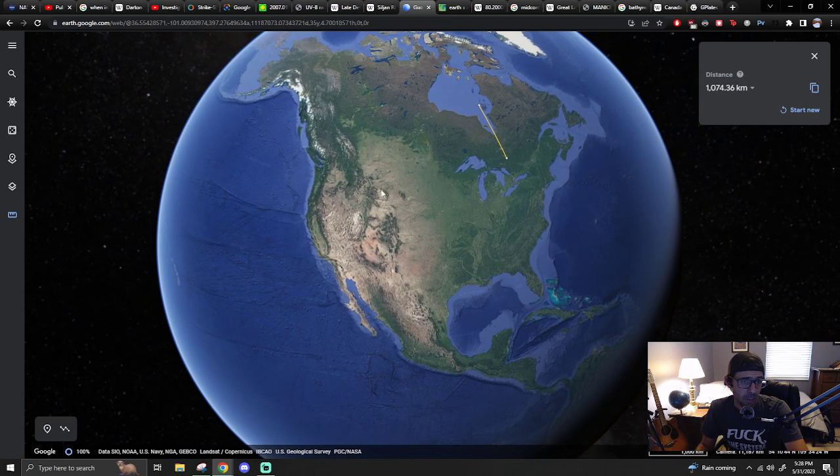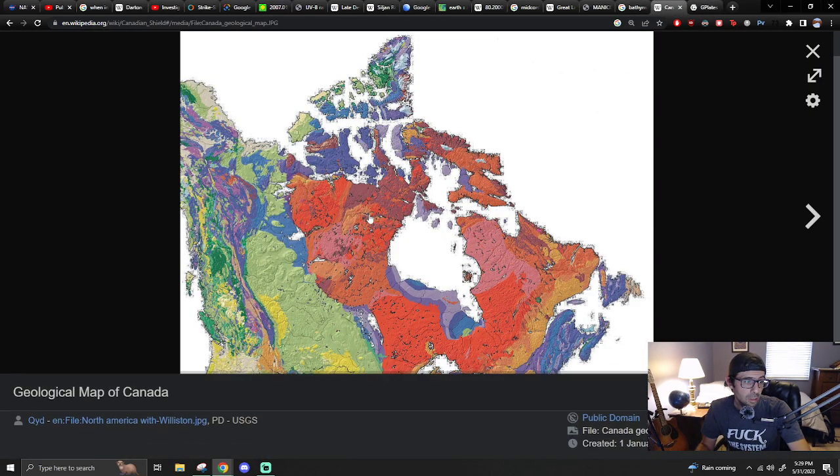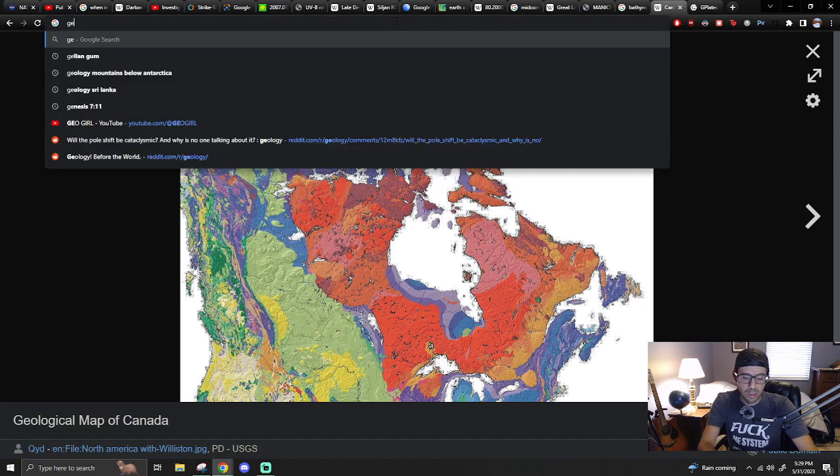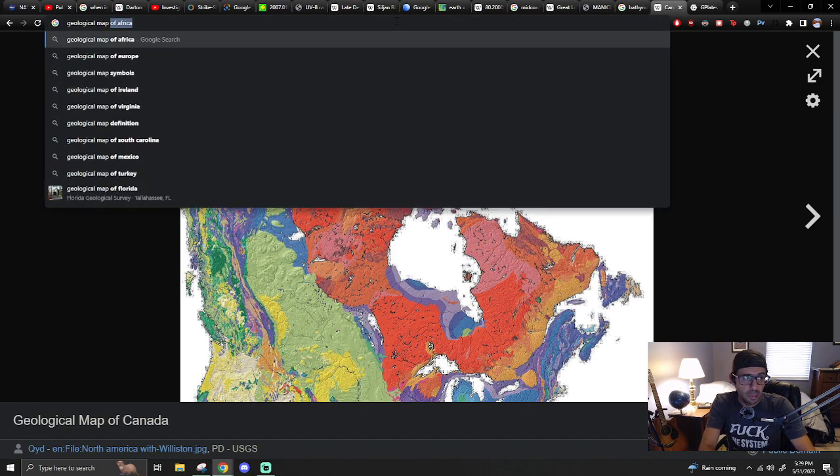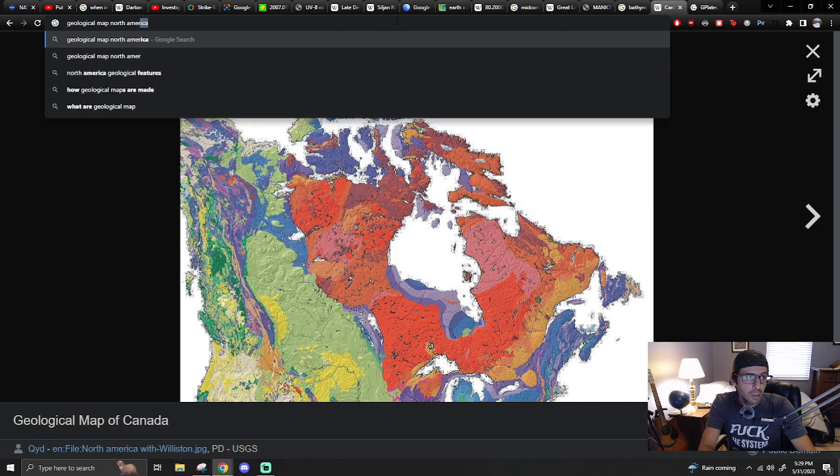Let's see. If this is the Mariana Trench, I know there's islands found in Wyoming. There's islands found in this region that were there anciently. Let's look at the geological map, North America.